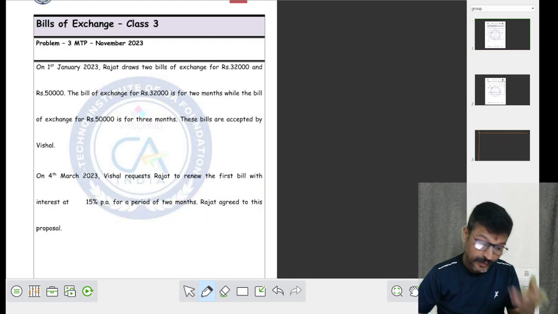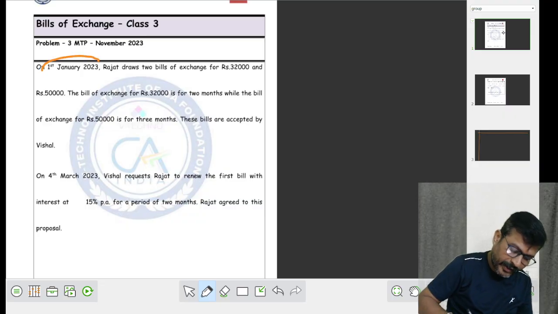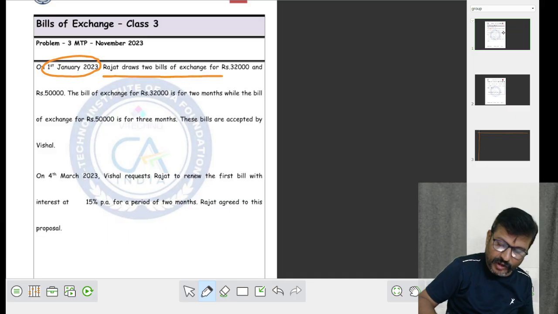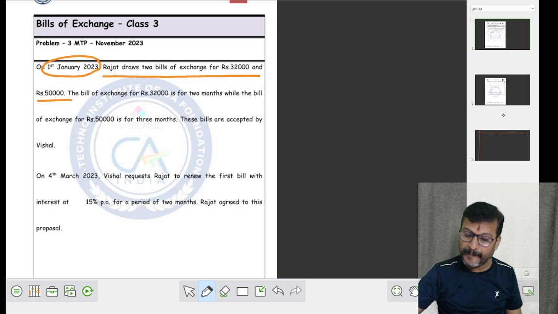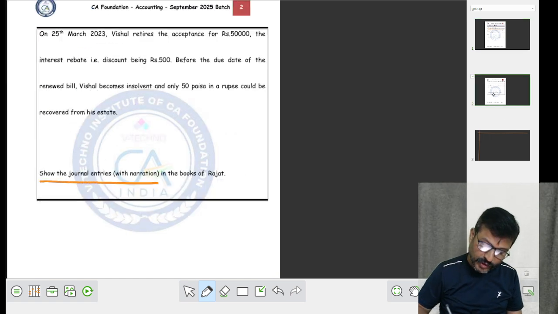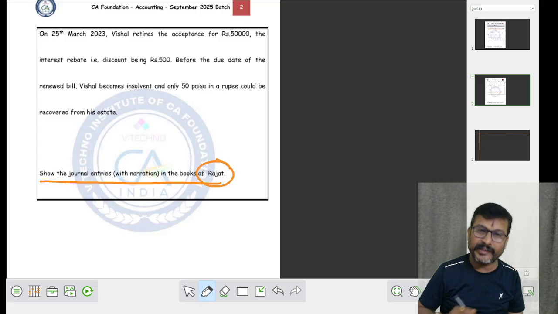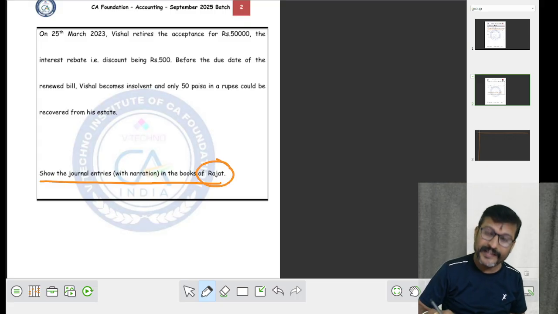Shall we see what happened? In January 2023, Rajat drew two bills of exchange, 32,000 and 50,000. See the last para: show the journal entries with narration in the books of Rajat. Who is Rajat?